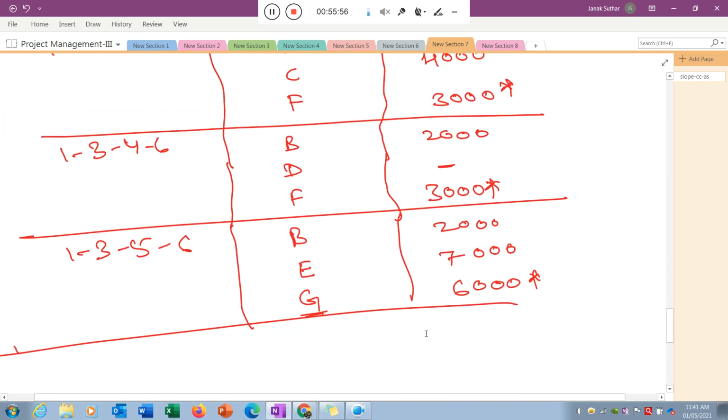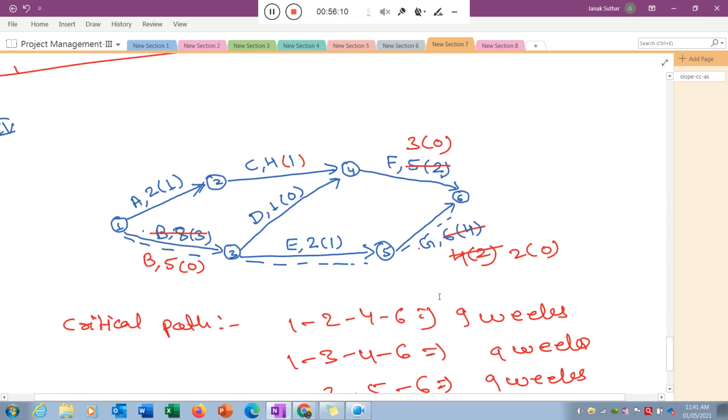Here I reduce the activity A and that is common in both. So how much do I reduce this activity by 2 weeks? So 2 into 3000. And how much do I reduce this particular activity G by 2 weeks? So I reduce the activity A and G, you can see both are reduced.